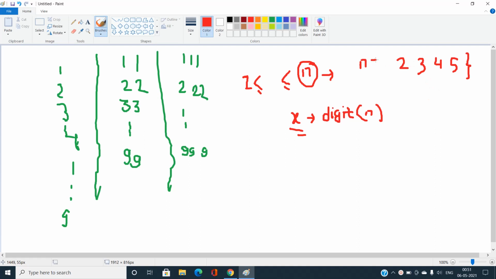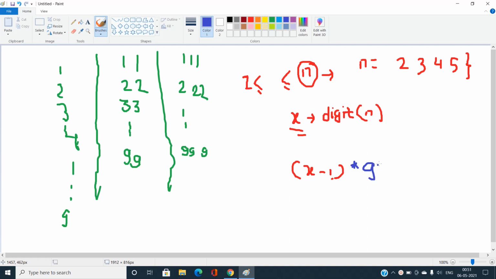So I'm talking about all the numbers whose number of digits is less than or equal to x minus 1, where x minus 1 is the number of digits of the original number minus 1. So x minus 1 times 9 should be included in our answer.